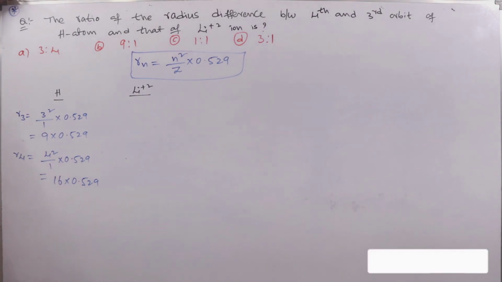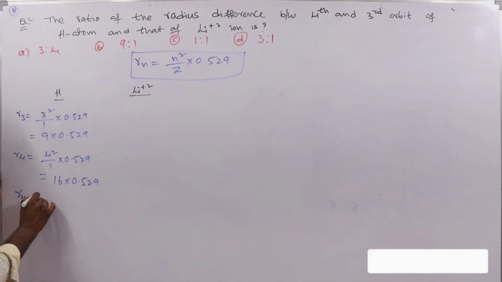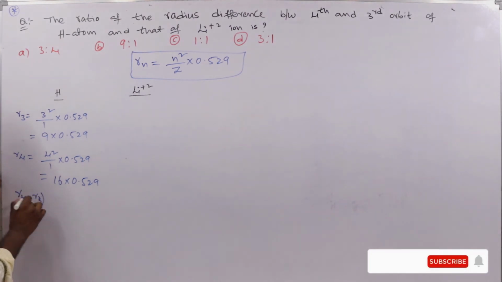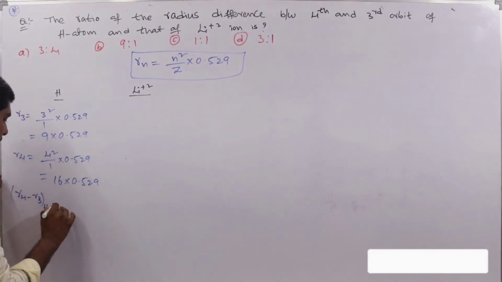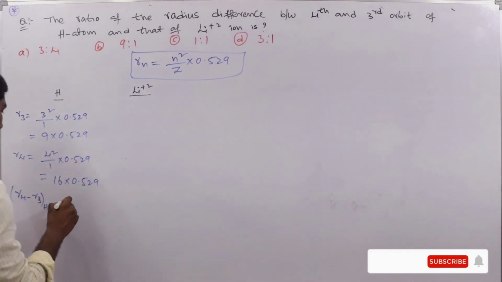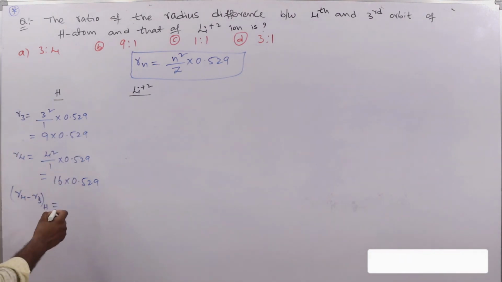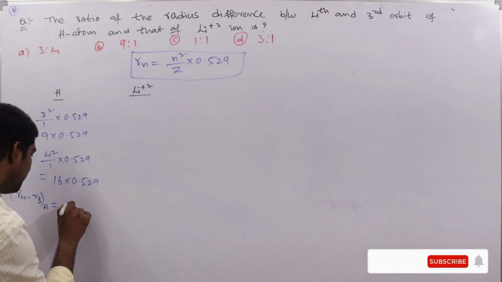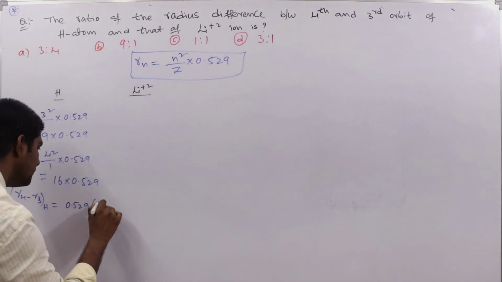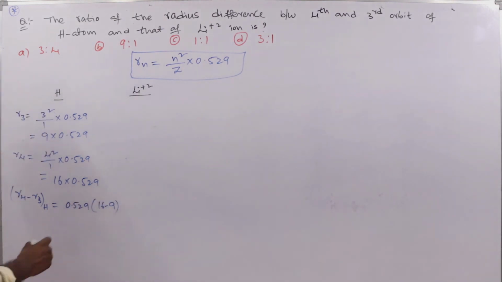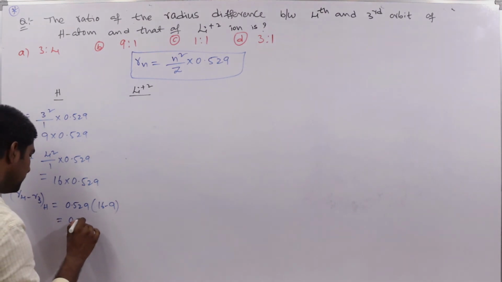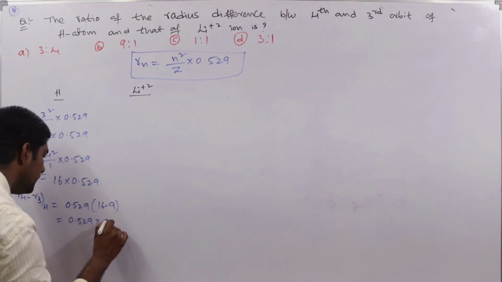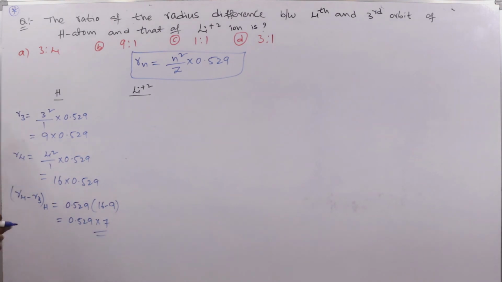Here R4 minus R3 for hydrogen: if you take the difference, this 0.529 is common, so into 16 minus 9, that is equal to 0.529 into 7. This is the radius difference between fourth and third orbit for the hydrogen atom.